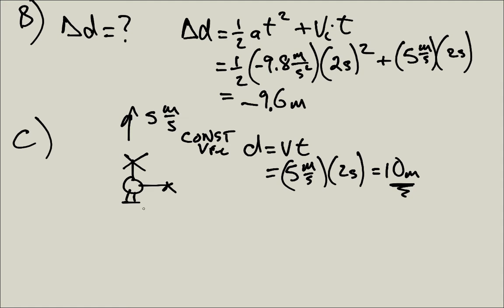But in the same time, the bag that was dropped, here's the bag, the bag went down 9.6 meters. So the bag went this way, 9.6 meters, and the helicopter went up 10 meters.